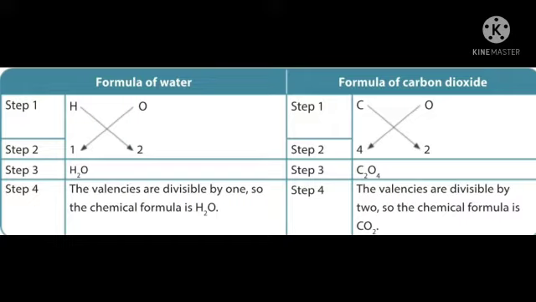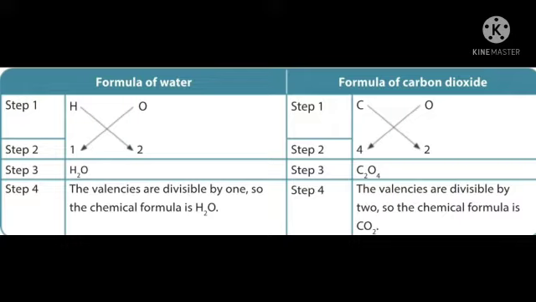Then the fourth point is, if the valencies are divisible by a common number, for example when 2 elements are there and the subscript has a 2 number, then we can divide and simplify that formula.